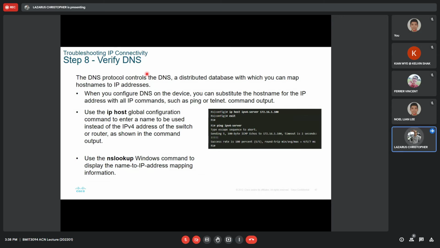So it could be that your DNS server is down or not running, and then it fails to look up. That means your network doesn't work in terms of all the applications that use it, especially the browser. All right.